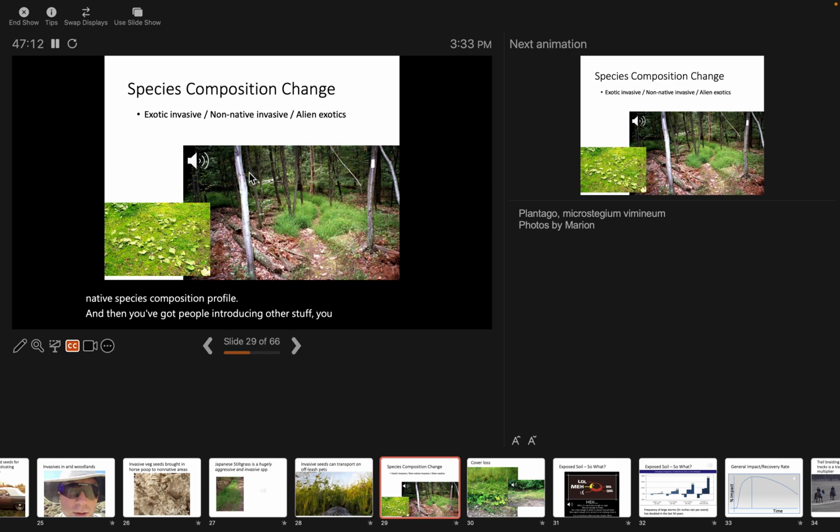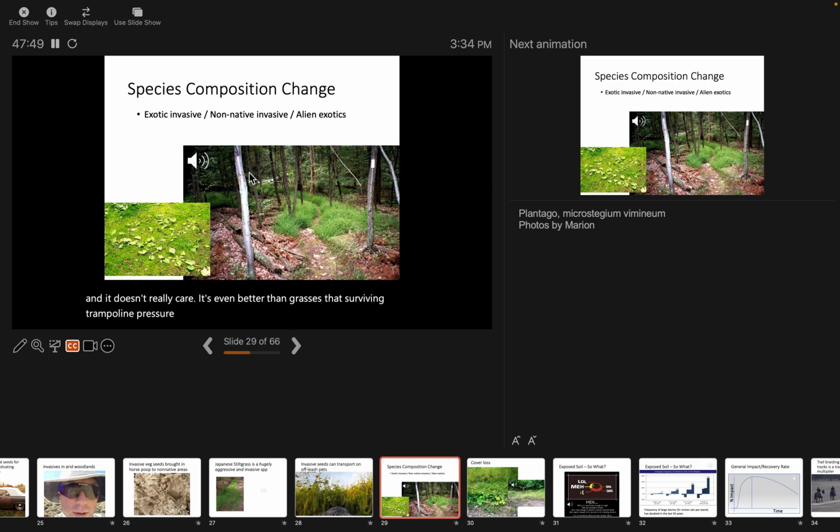The other stuff, if it's non-native and invasive, might be something like Plantago or Microstegium, where it is without any of its natural predators or pathogens. It is able to outcompete, in the case of Microstegium, which grows in thick thatches and shades everything else out. Or like Plantago species, which is also a non-native invasive species, it already grows in a prostrate life form, so you can walk across it all day long and it doesn't really care. It's even better than grasses at surviving trampling pressure.